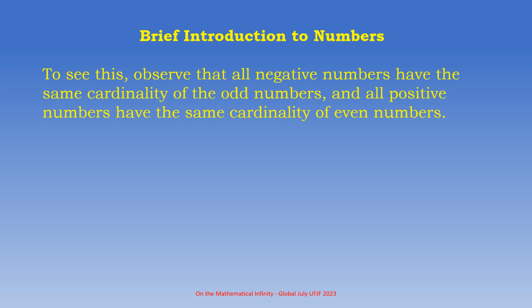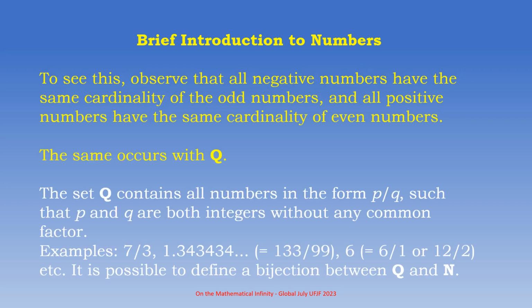But I give just an argument to see that the cardinality of the integers is the same as that of the naturals. Observe that all negative numbers have the same cardinality as the odd numbers, and all positive numbers have the same cardinality as the even numbers. Okay, that's just a way to facilitate, to clarify.